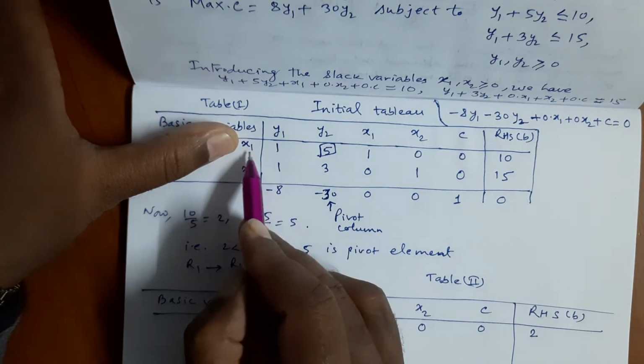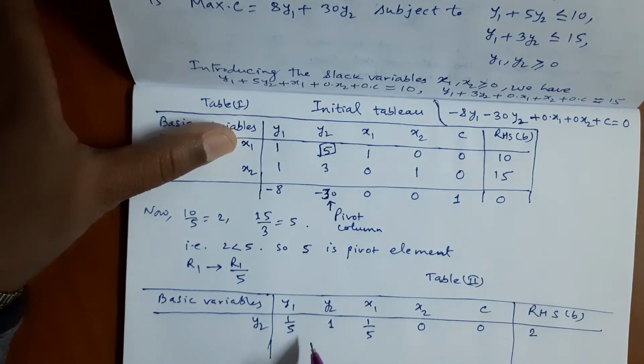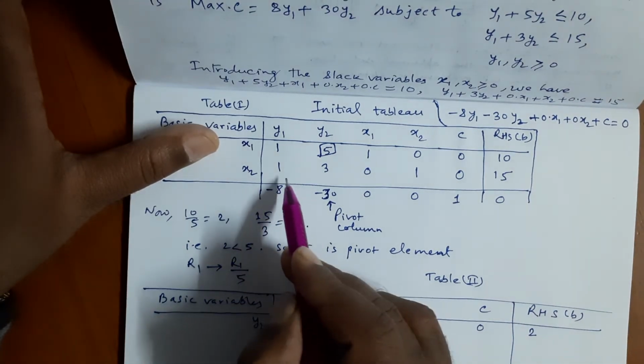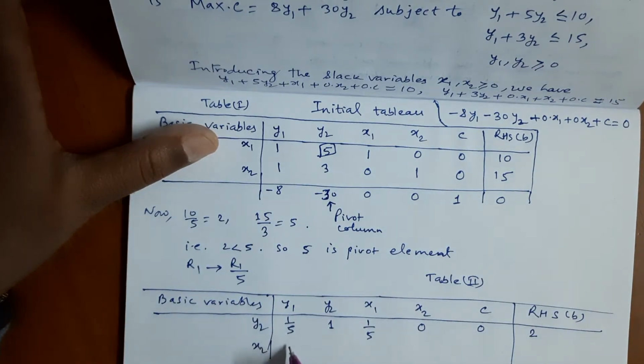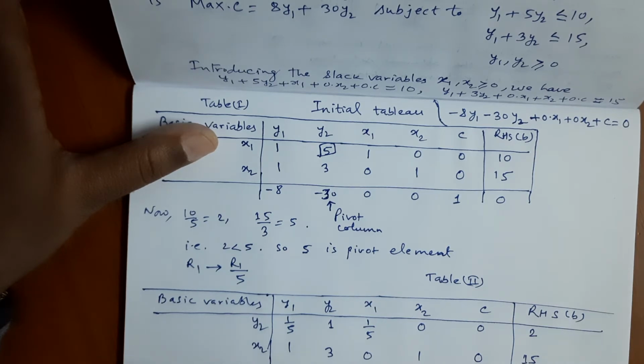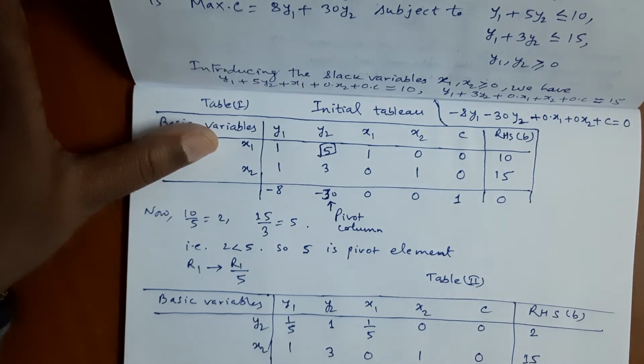So y2 is departed, this is the entering variable here, and here is x2, and we write the elements of the column in the same way: 1, 3, 0, 1, 0, 15. And here -8, -30, 0, 0, 1, 0.